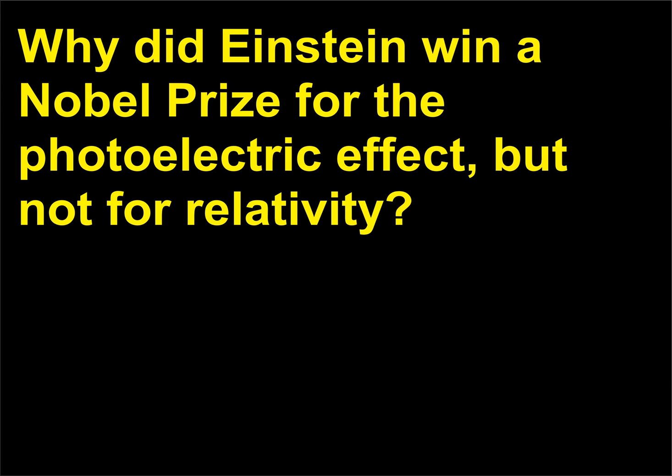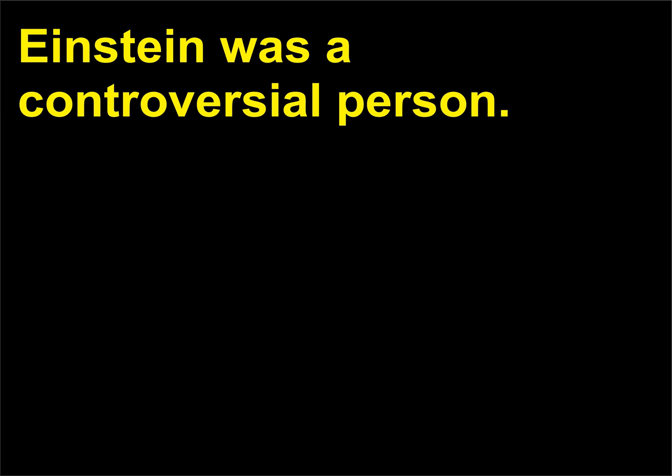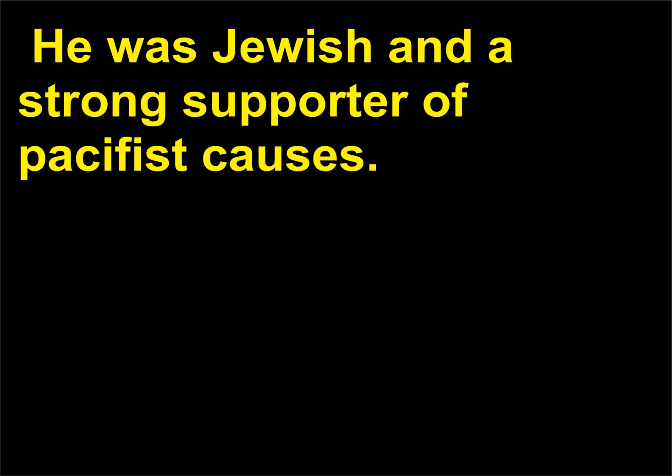Why did Einstein win a Nobel Prize for the photoelectric effect, but not for relativity? Einstein was a controversial person. He was Jewish and a strong supporter of pacifist causes.